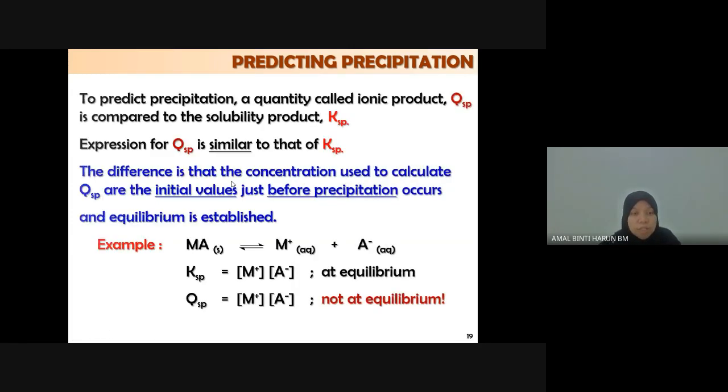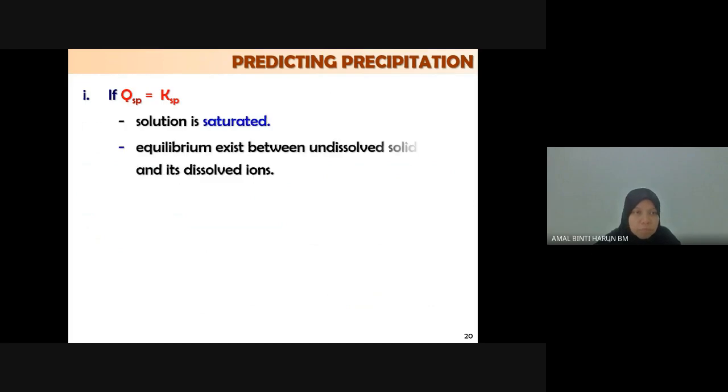Okay. If QSP sama dengan KSP, so they are at equilibrium, maksudnya solution is just saturated.